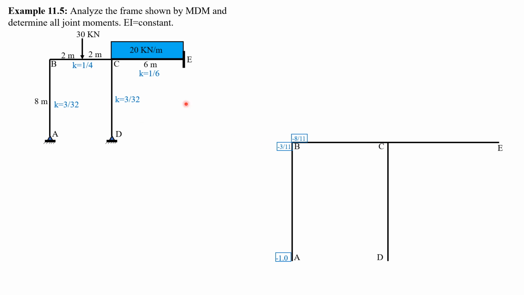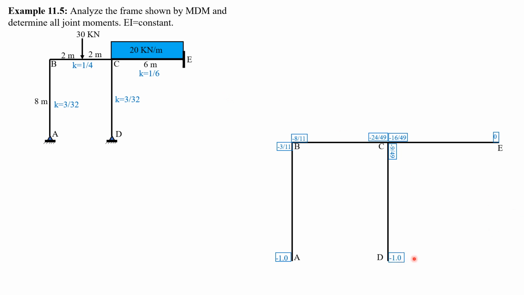For this member CB, the distribution factor is 1/4 divided by 1/4 plus 1/6 plus 3 over 32, and that is negative 24 over 49. Then replace 1/4 by 1/6. This is negative 16 over 49. And 49 minus 24 minus 16 is 9. So the distribution factor of CD is negative 9 over 49. And for D, it is negative 1.0. And at E, it is 0 because E is fixed.